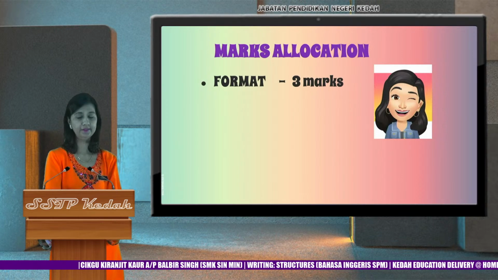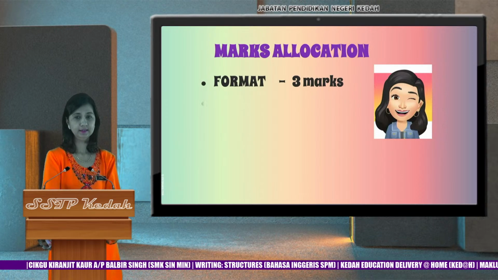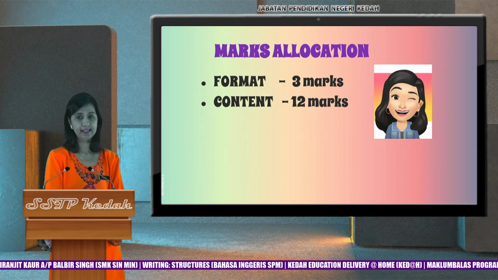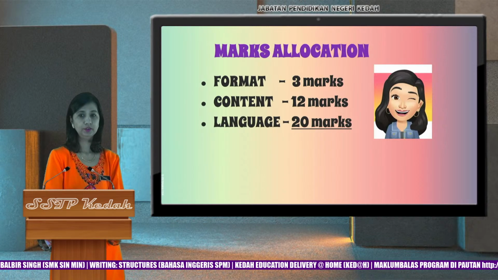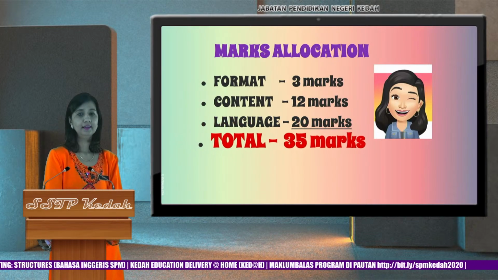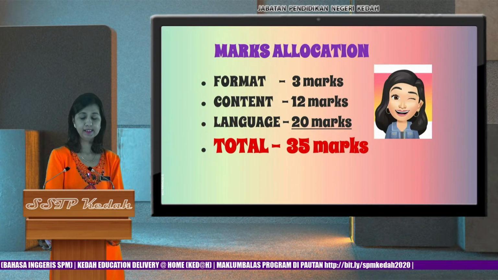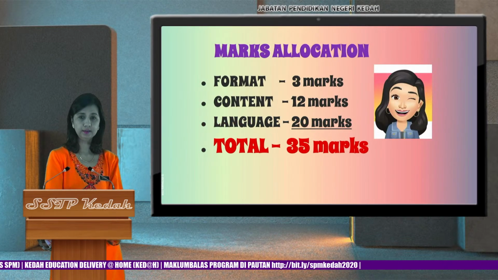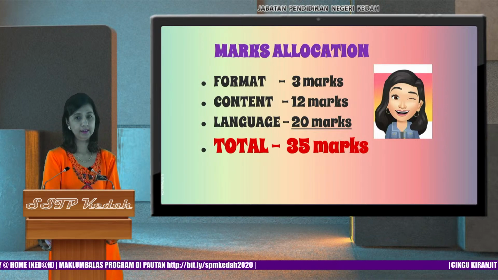Now let's look at the marks allocation for directed writing. You have 3 marks for format, 12 marks for content, and 20 marks for language. So you have a total of 35 marks. But sometimes in certain formatted essays, there are only 2 marks for format and 13 for content points.